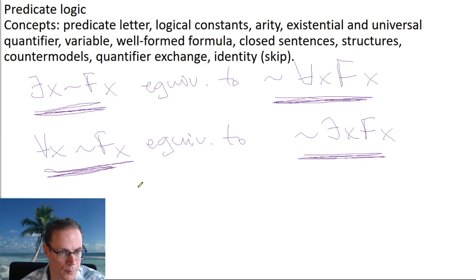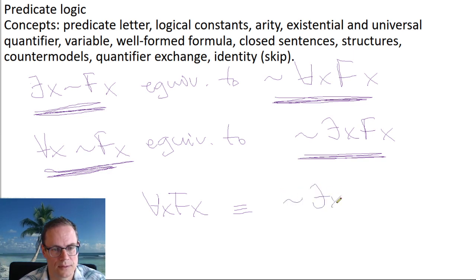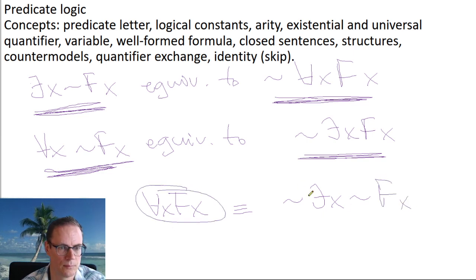Which brings me to my other point, which is that, well, if this is the case, then you can also see that for all x fx is the same as it's not true that there's an x such that not fx. Everybody is mortal is the same as it's not true that there is someone who is immortal.